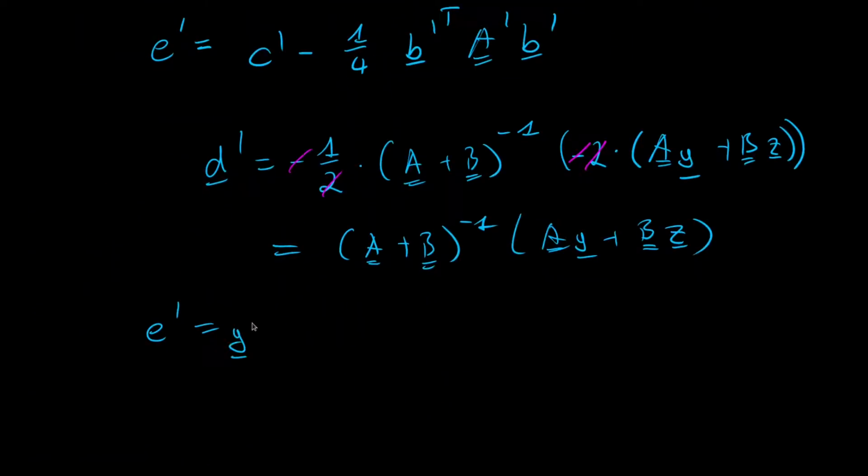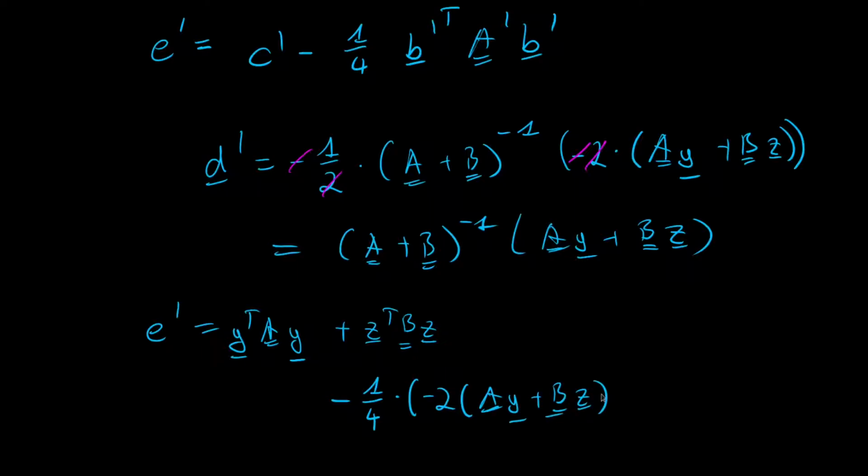So we had it as vector Y transpose A Y plus vector Z transpose B Z minus, and now we have the long term, minus 1/4 times opening brackets minus 2 times opening brackets matrix AY plus matrix BZ, then closing brackets transpose, then times matrix A plus matrix B, closing brackets inverse, and then we have minus 2 times the same again, which is AY plus BZ, closing.